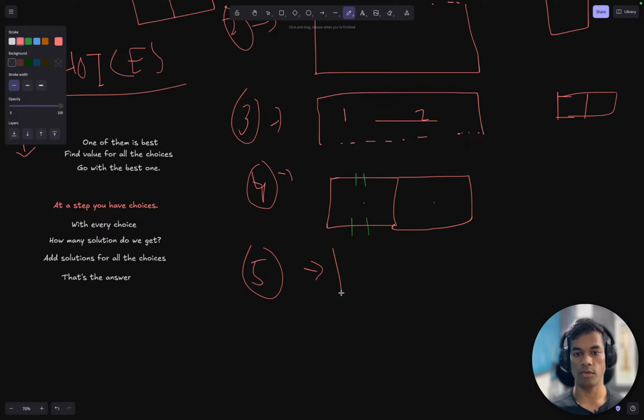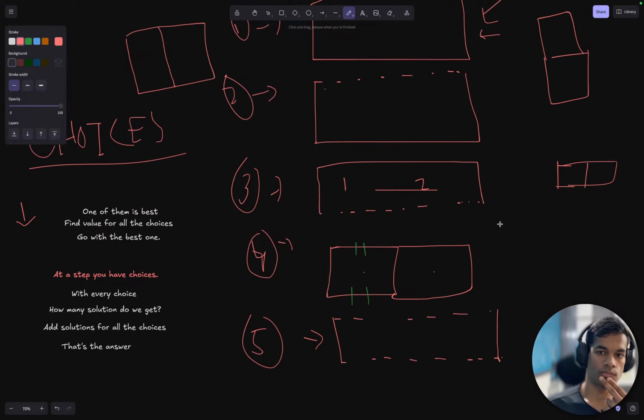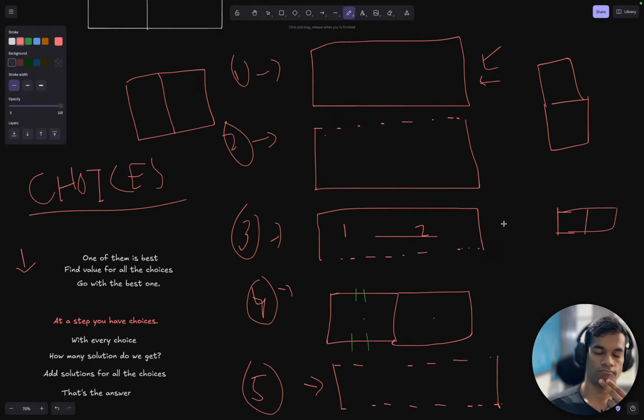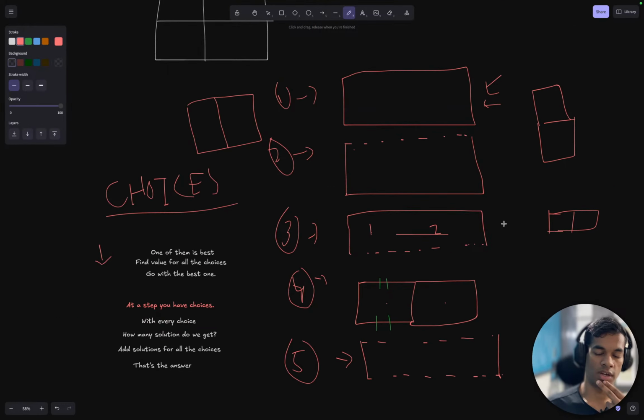Fifth choice would be to combine both of these cells and make it a singular block and keep them open for merging on both the sides. Yes, and I hope I'm not making this more complicated.